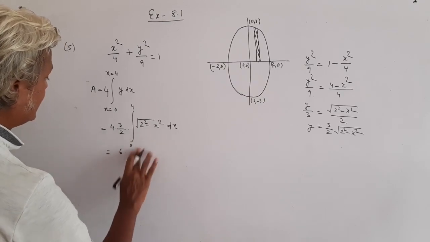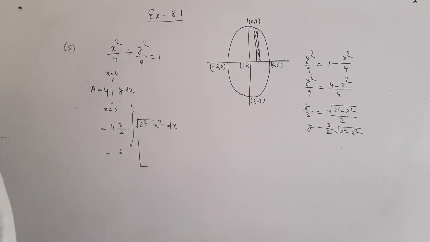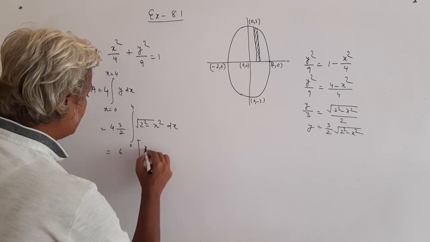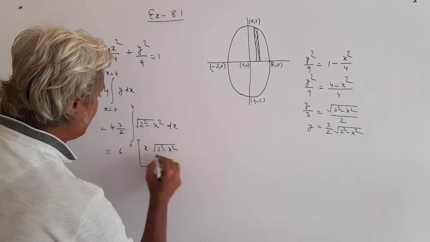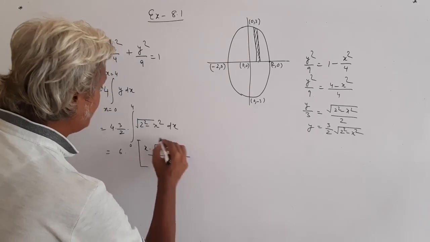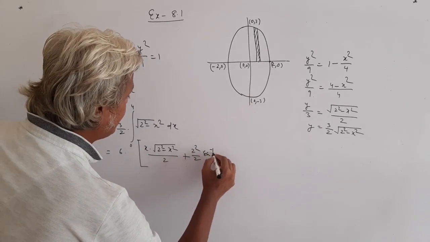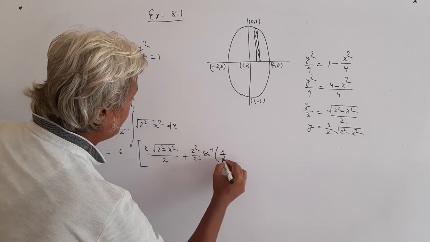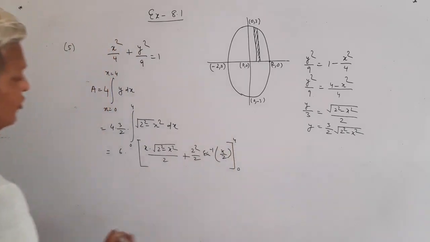Now I use the formula directly: x under root a square minus x square upon 2 plus a square by 2 sine inverse x upon a, here a is 2.